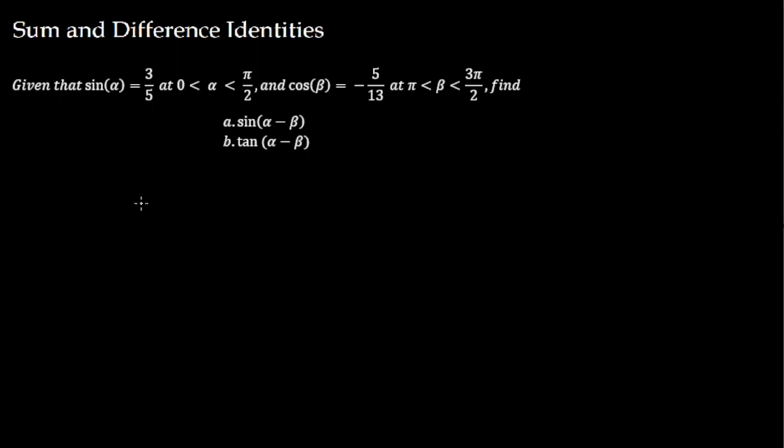Let us go with letter A first. The sine of alpha minus beta. Now, if we can still remember the formula, the pattern for the sine is sine cos, cos sine.